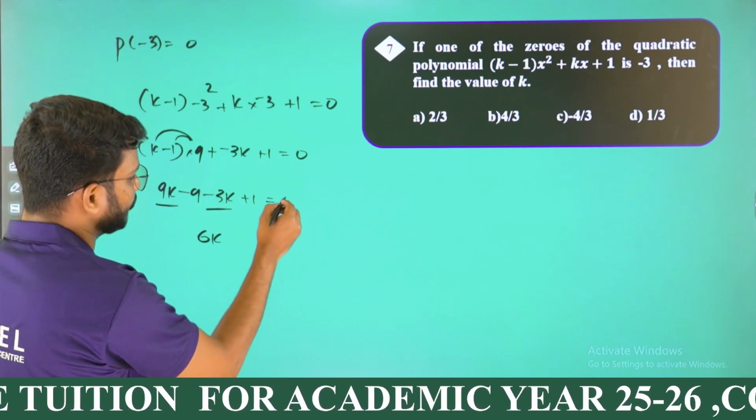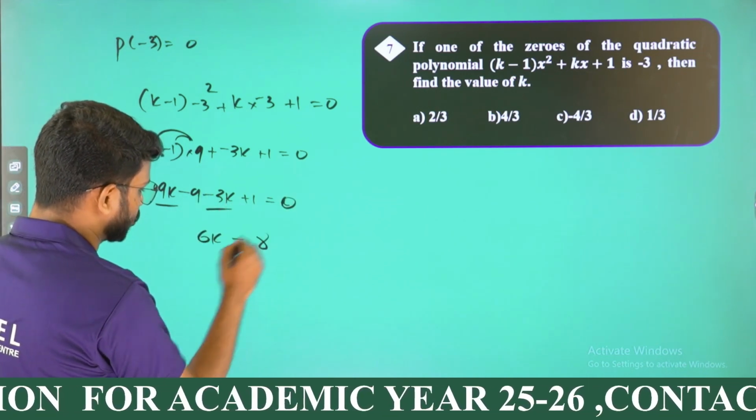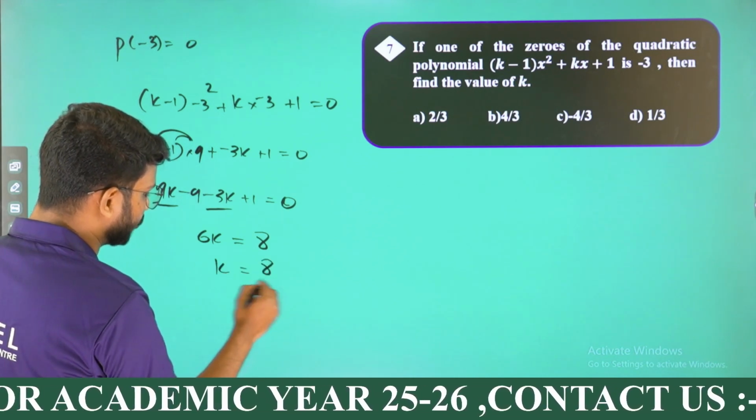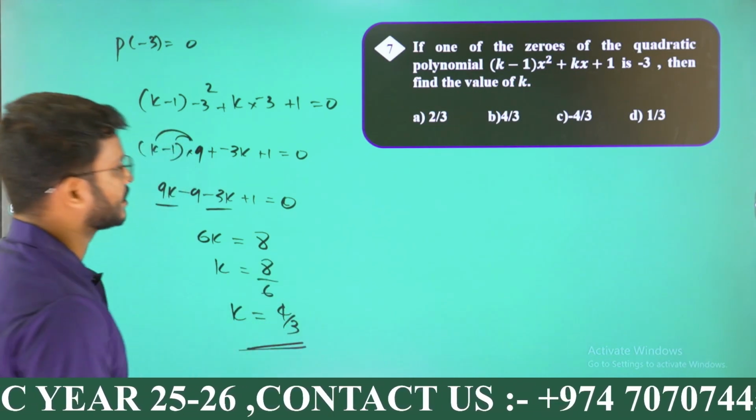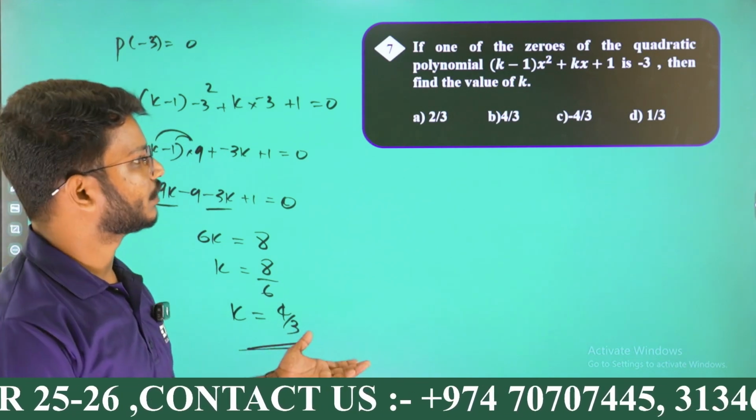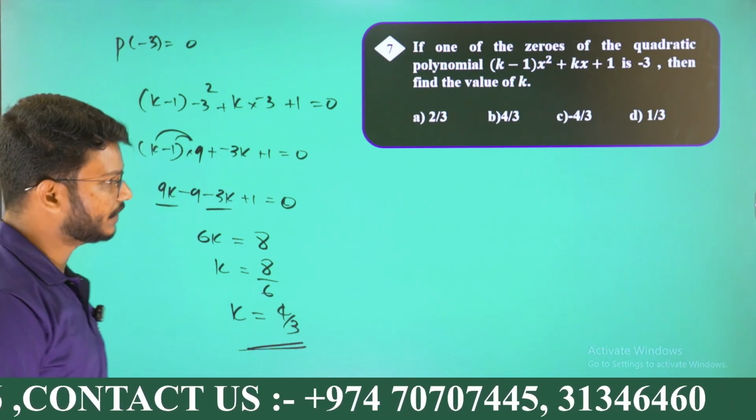So minus 8 becomes plus 8. So k is equal to 8 by 6, k is equal to 4 by 3 is the final answer. So that is the 7th one. Let's move to the next question.